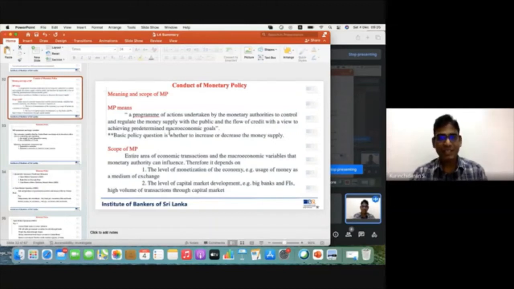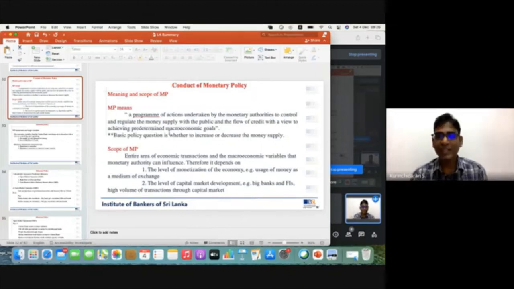As I said, the scope of monetary policy may be different among various monetary authorities, country to country, but in basic terms, it's the entire area of economic transactions and macroeconomic variables that the monetary authority can influence.